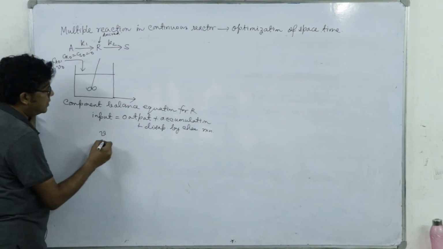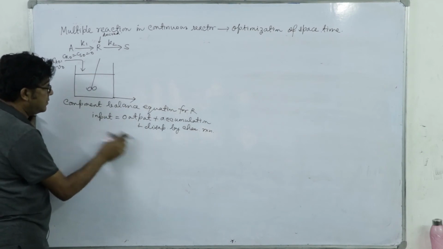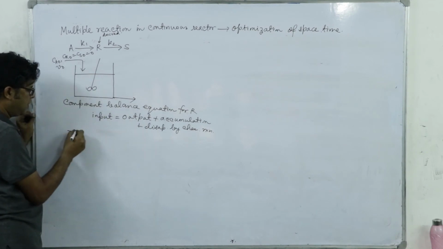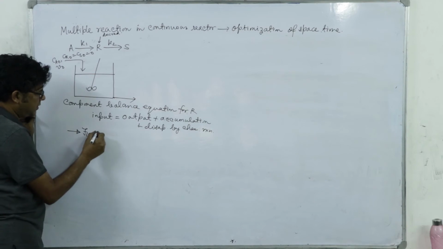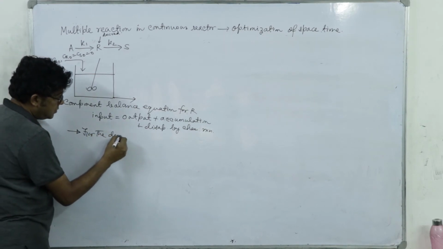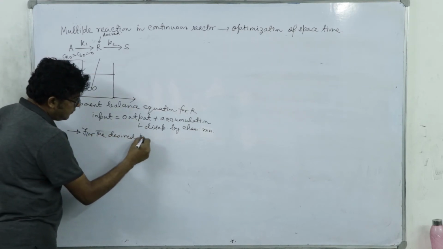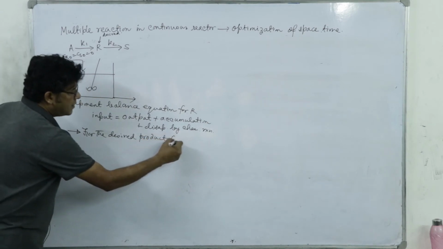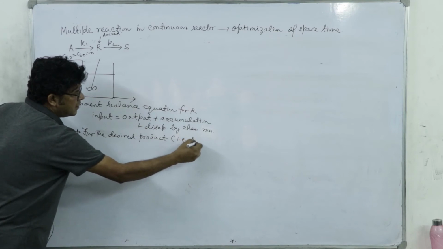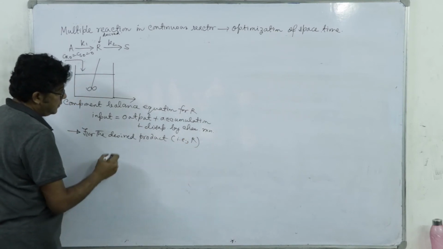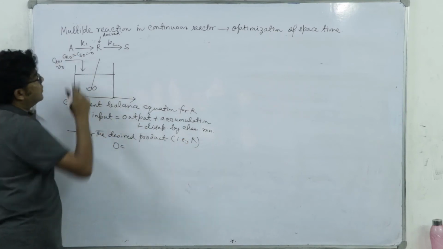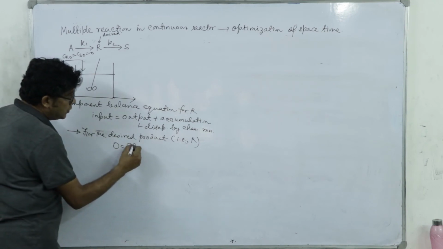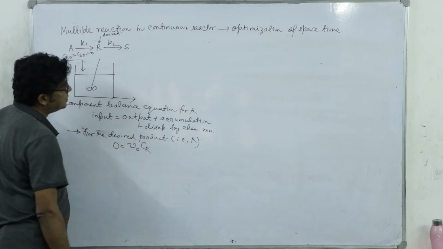So let's write for the desired product, that is R. Input is 0 as there is no concentration. Output is V naught into CR.